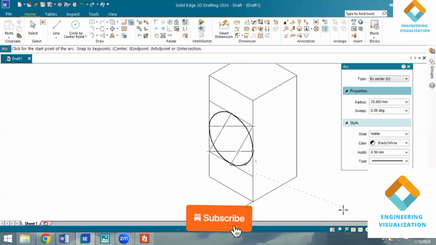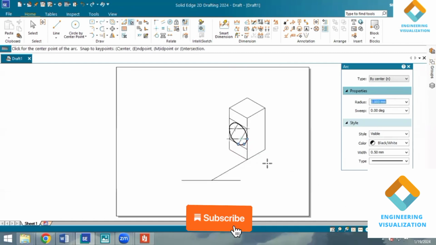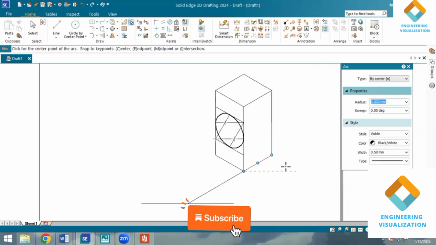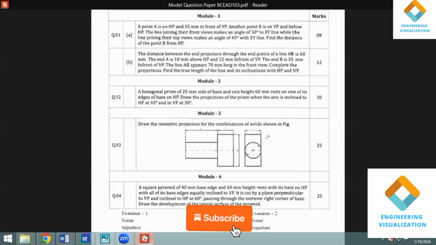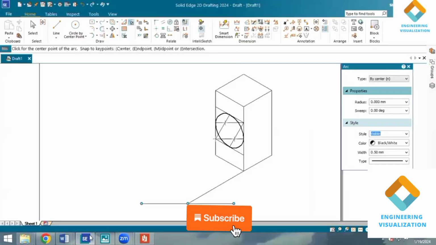Same way you need to construct another ellipse at a distance of 60 mm. For that, as a reference, I'll be considering a length of 60 mm, and then another box of ellipse I'll construct. For a reference I'll be taking this length.